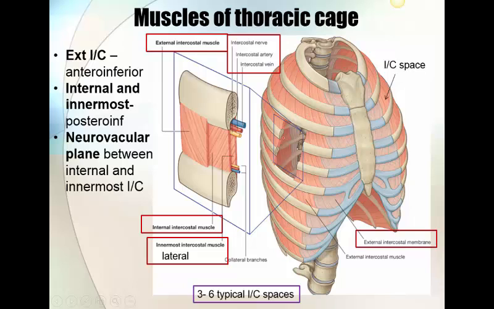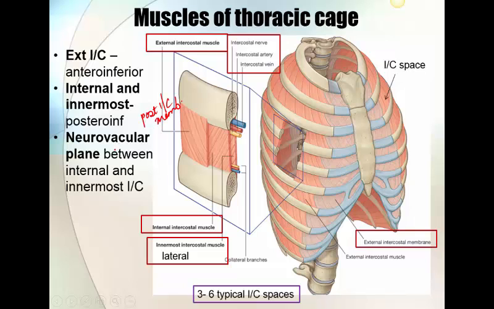As you take it all the way back, at the posterior part, it's replaced by membrane, which is called posterior intercostal membrane. It's not all that important, but I'm mentioning this so that if you read about it, you know where that is present. The innermost intercostal does not have any membrane because it's only present in the central region.